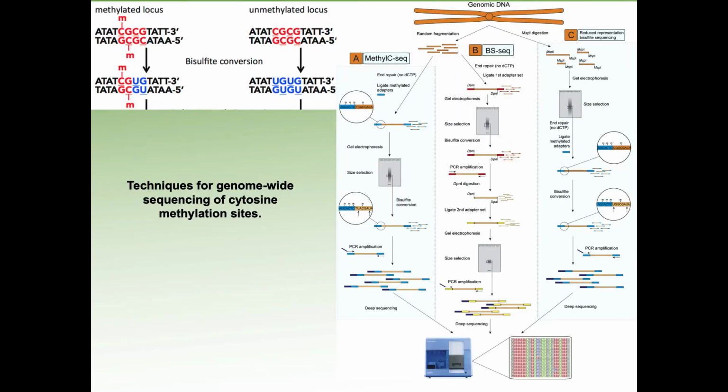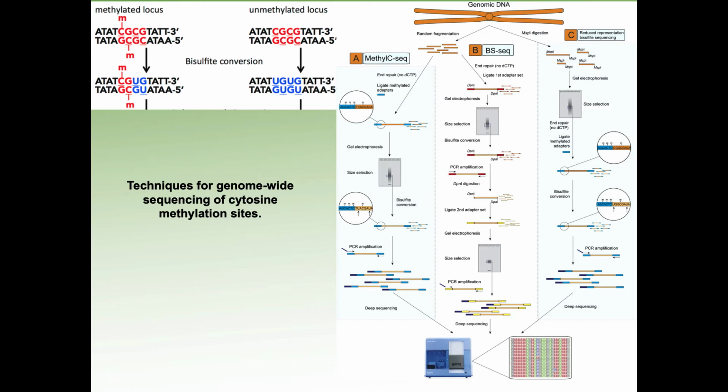So how do we examine these patterns of cytosine methylation? Well, one of the classic ways of doing this is by doing something called bisulfite conversion. In bisulfite conversion, we basically take DNA and treat it with bisulfite.